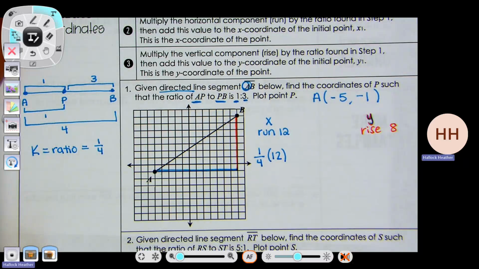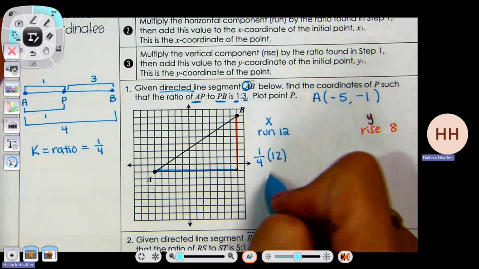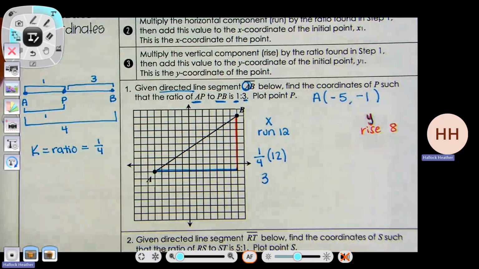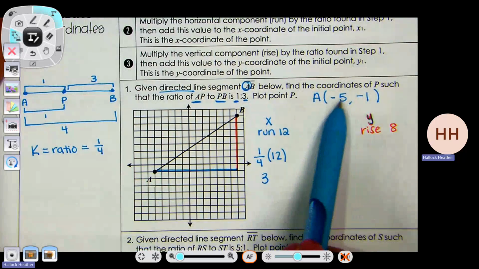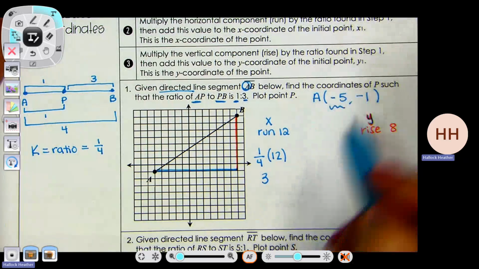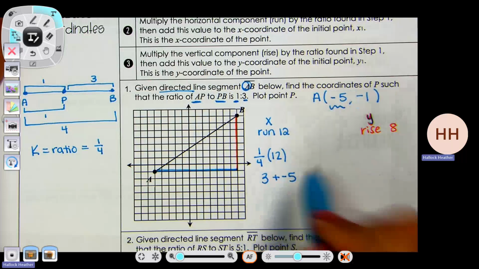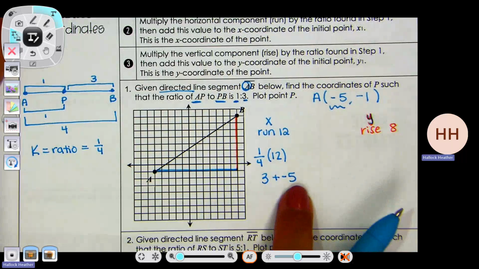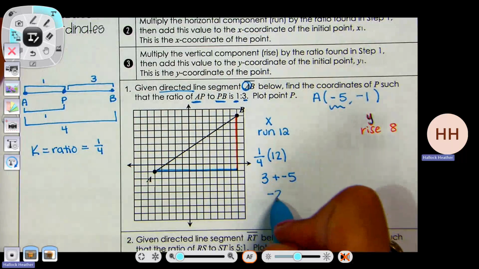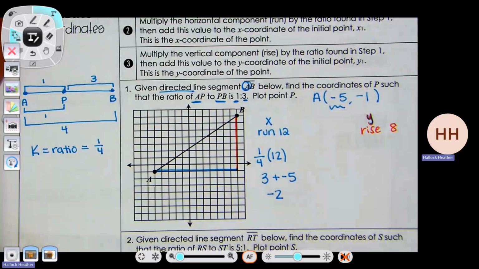If you're not sure, use a calculator. It's 3. Okay, good. Now, technically that means from point A, I need to go 3 over. To mathematically figure out where I'm falling, you're adding the initial point. I started at -5 on the x-axis, so I'm going to add -5 to this number. So 3 plus -5 is -2. That is the x value of my coordinate point.